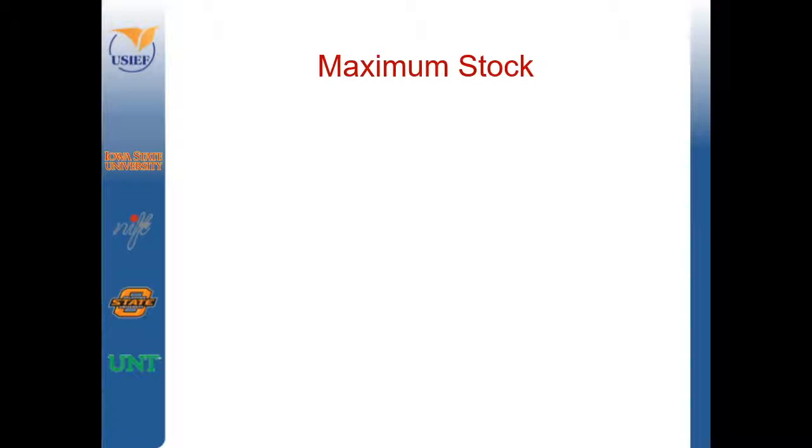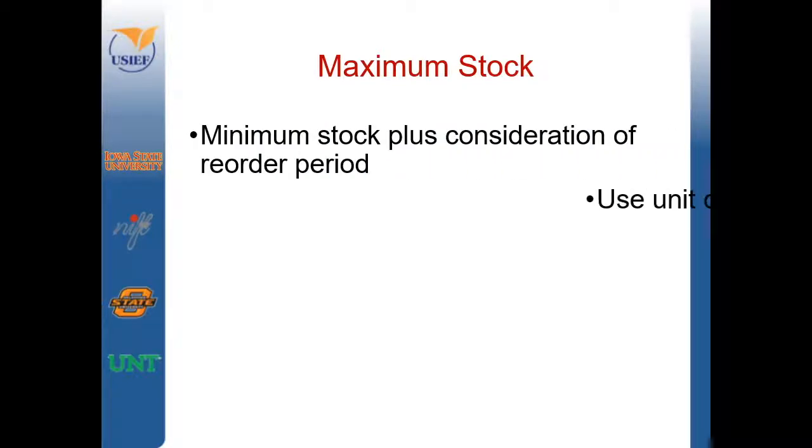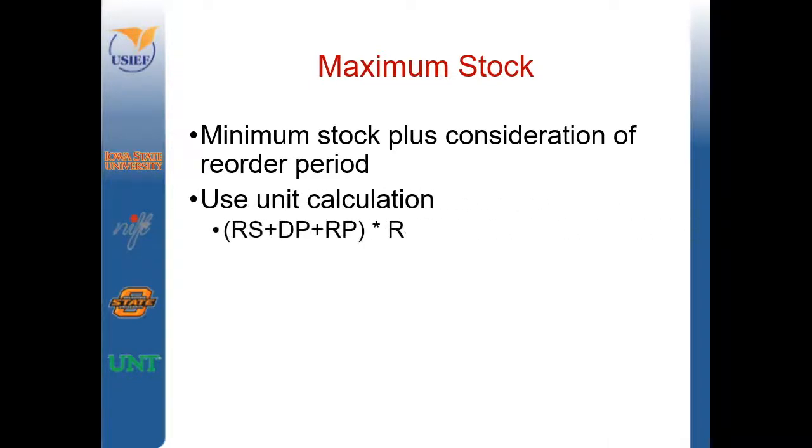This is because it's how long it would take until another shipment will come in. To calculate this, we would use a unit calculation, which is our reserve stock plus our delivery period plus our reorder period. Once we've calculated those 3 numbers, we would multiply it again by our rate of sale.